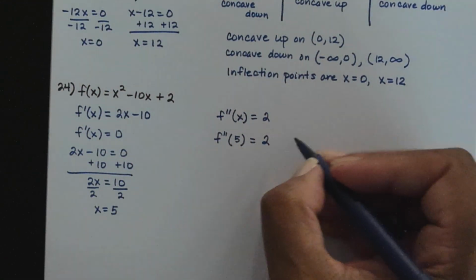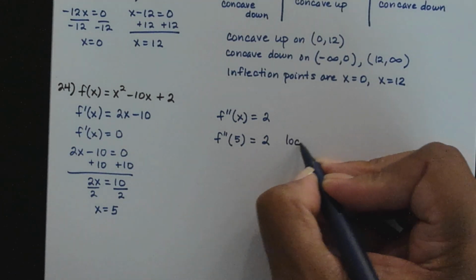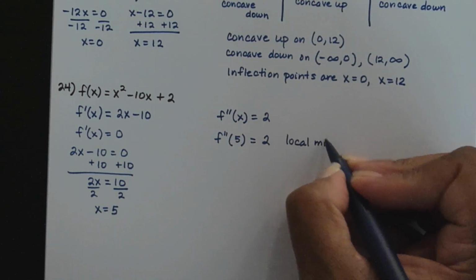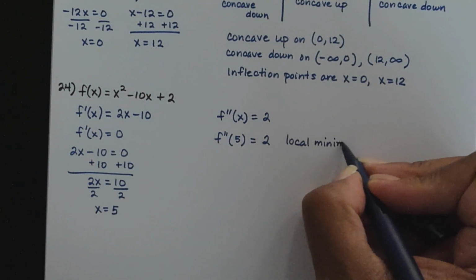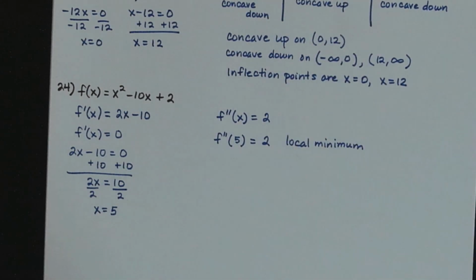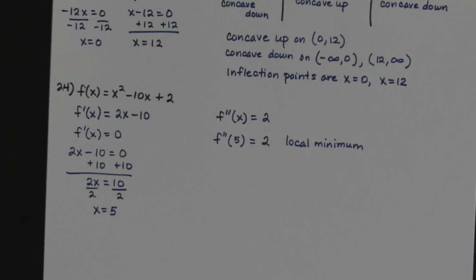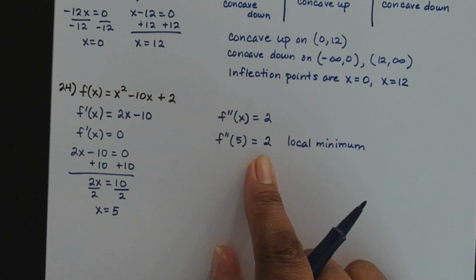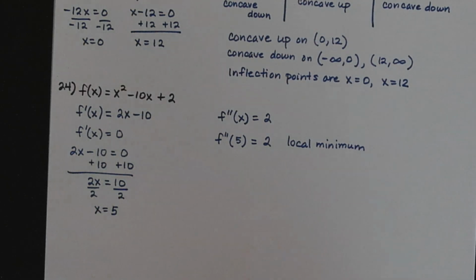And if it's positive, that means we have a local minimum. Here we're using the second derivative test. So that's where the local minimum occurs, at x equals 5.